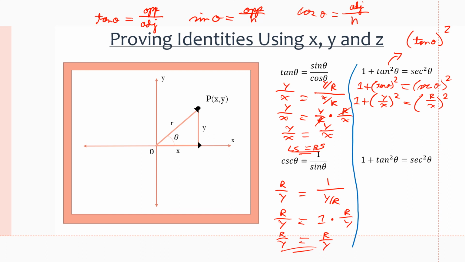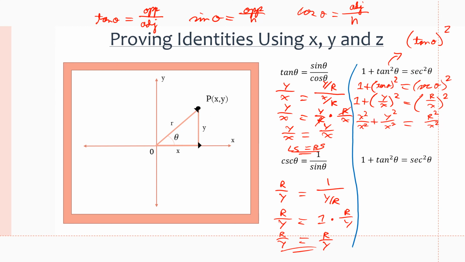Let's continue. Now we will use the exponent to square the top and the bottom. So r squared over x squared equals y squared over x squared. And this 1, we can actually turn it into an x squared over x squared, right?